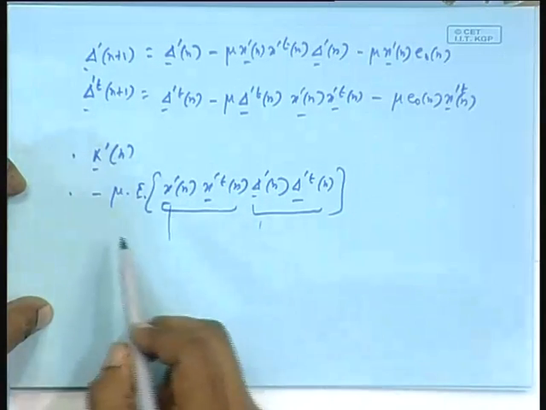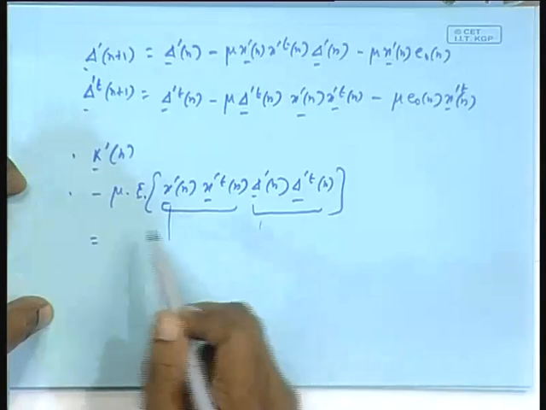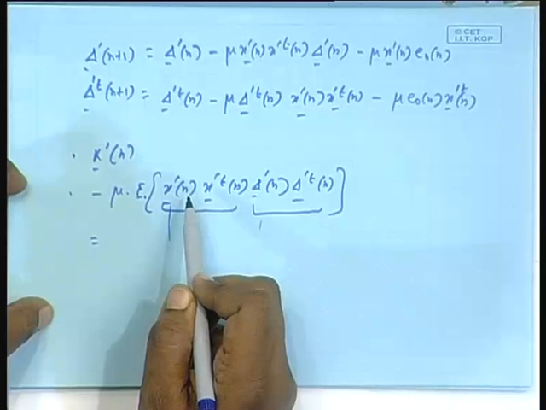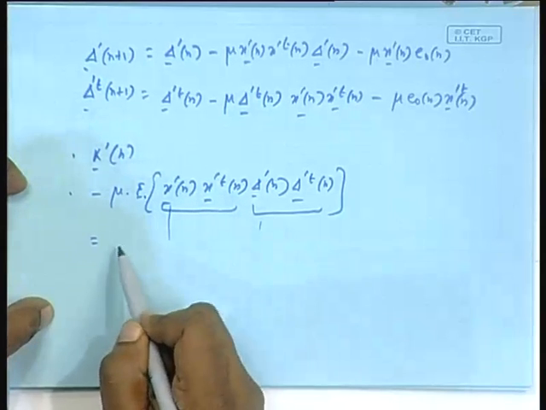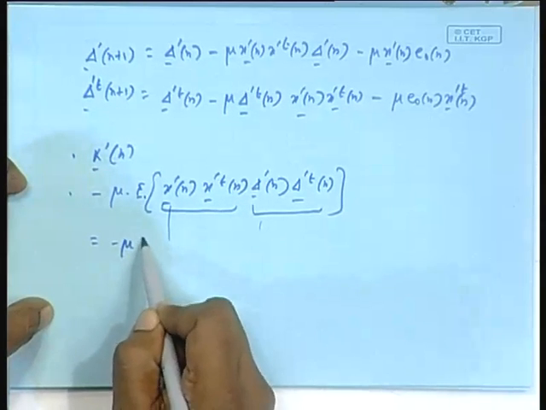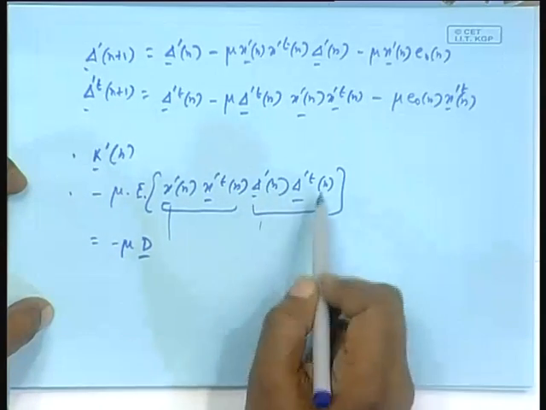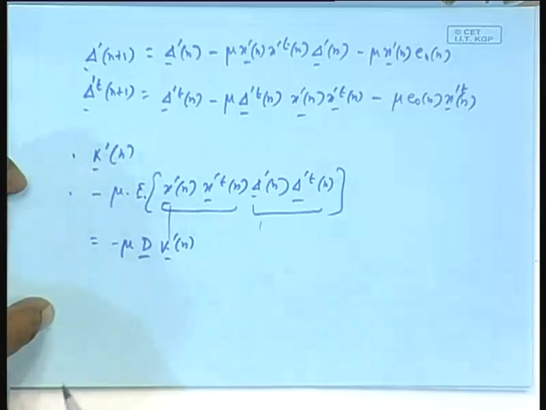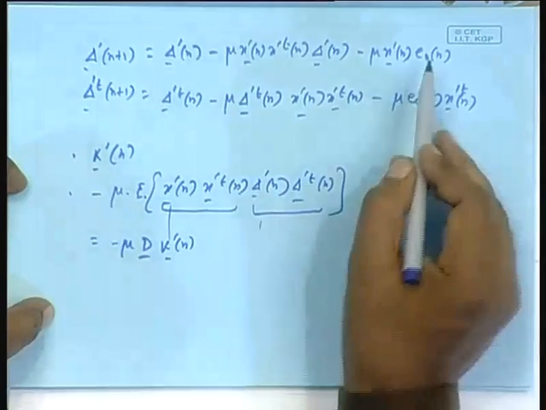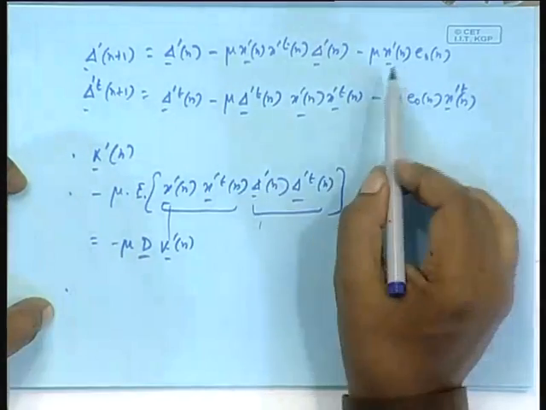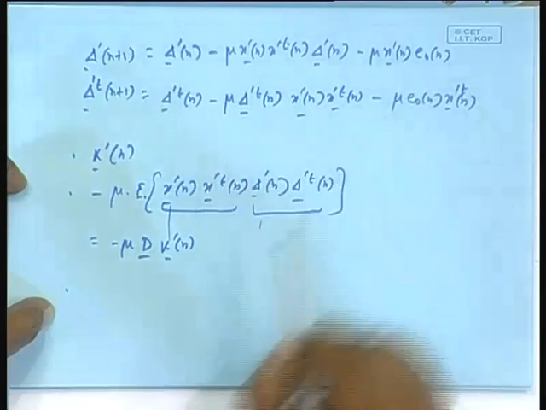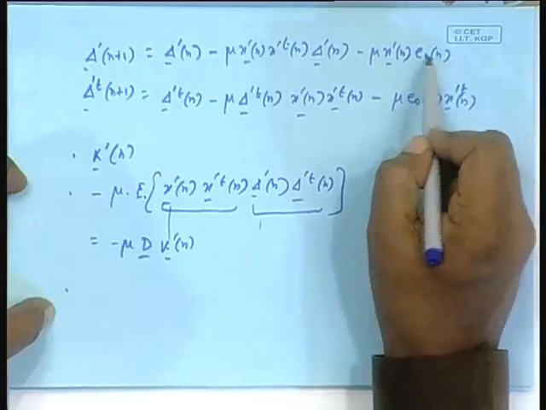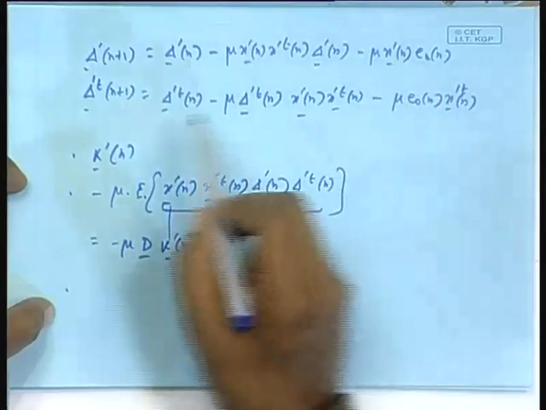E over this part will be the covariance matrix of x prime n, but that is a diagonal matrix D. Mu D, and E over this is nothing but k prime n, and then the other one mu x prime n E O n this. If you permit, I can write E O n in the beginning, then x prime n, then this transpose.